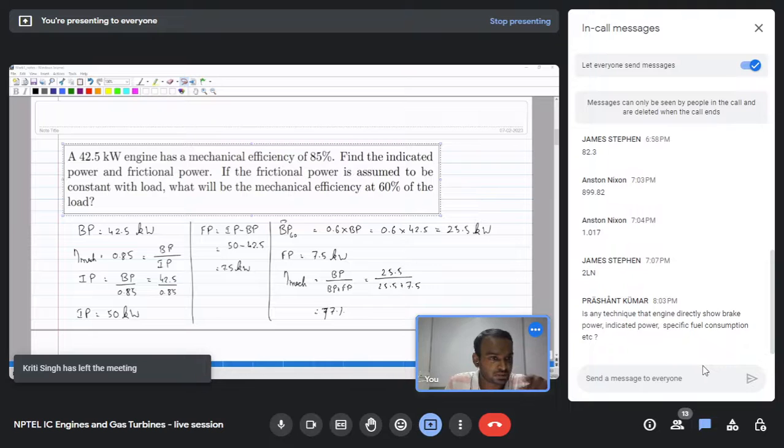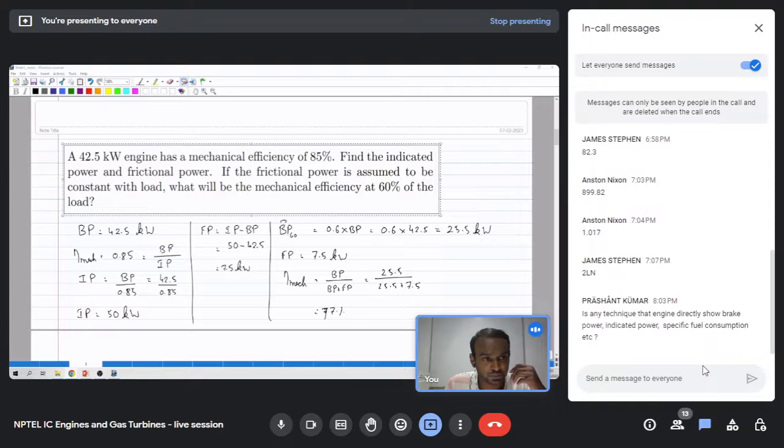Someone has asked, is there any technique by which the engine directly shows brake power, indicated power, specific fuel consumption, etc.? Directly show, so that means you don't want to measure anything and it has to show. Modern day engines are controlled using an ECU, so the engine control unit knows the position of the throttle or the accelerator pedal, and also the speed of the engine.